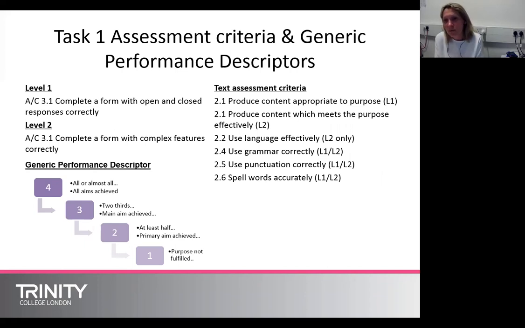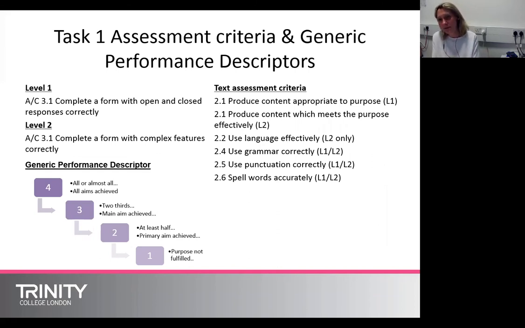Now use grammar, punctuation, and spell words. These 3 assessment criteria are assessed at both level 1 and level 2 in task 1. However, more detail on what goes into those criteria is in the amplification. So you can't just look at use grammar correctly and say that's the same for level 1 and level 2. The amplification, the detail behind use grammar correctly is obviously different at level 1 to level 2.